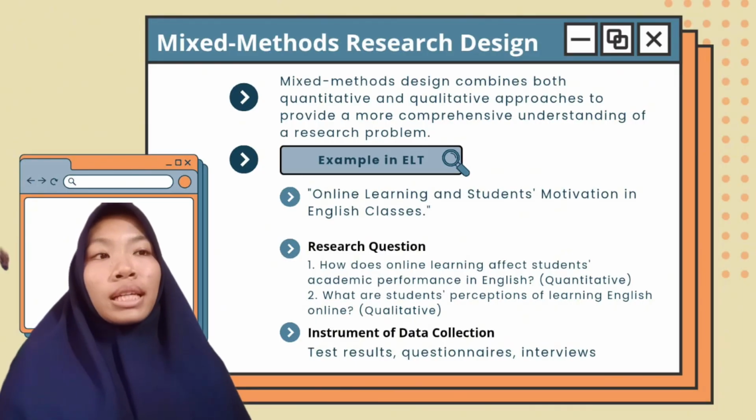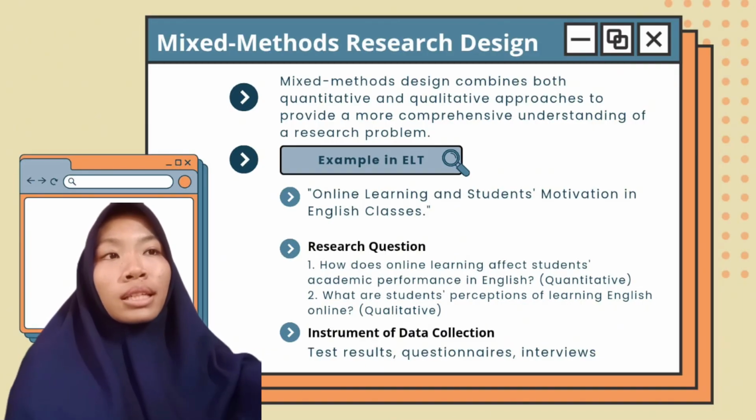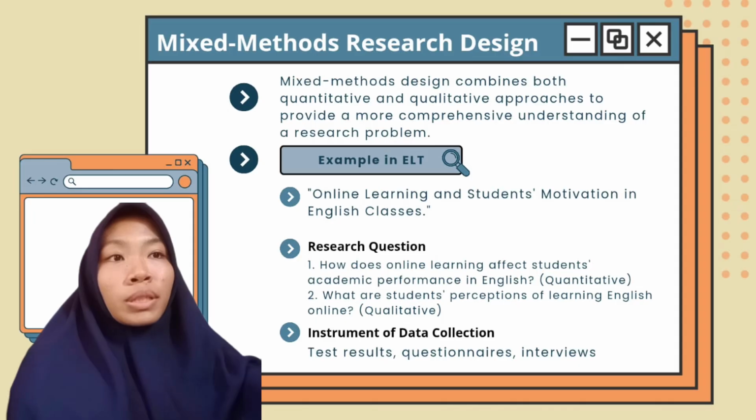The example in ELT: the topic is online learning and students' motivation in English classes. The first research question, for quantitative: how does online learning affect students' academic performance in English? The second, for qualitative: what are students' perceptions of learning English online?